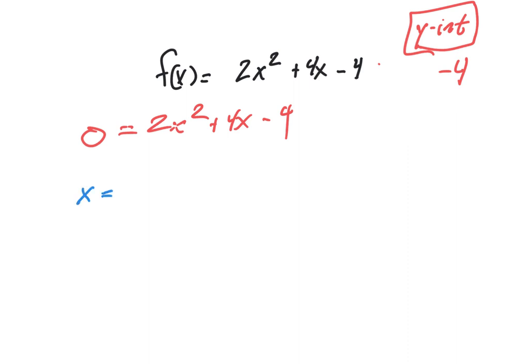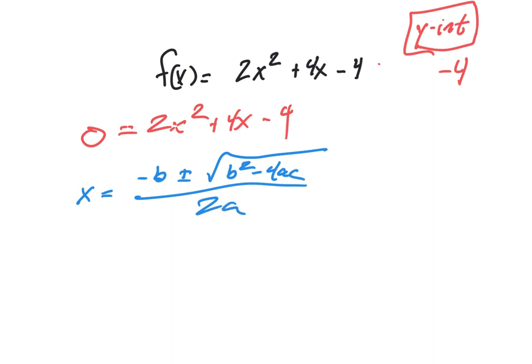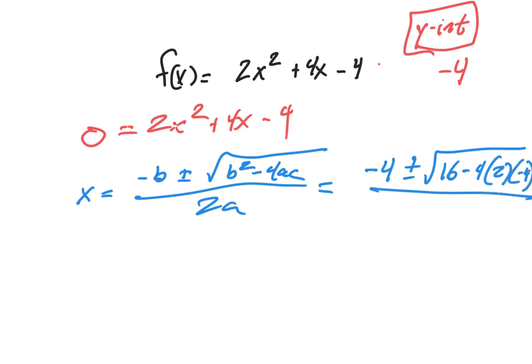x equals -b plus or minus the square root of b squared minus 4ac all over 2a. Plug in the a, b, and the c. So -b is -4 because b is the middle term. That middle term is +4, so it's -4 plus or minus the square root of b squared, so that'll be 16 minus 4 times a, which is 2, times c, which is -4, all over 2 times 2.